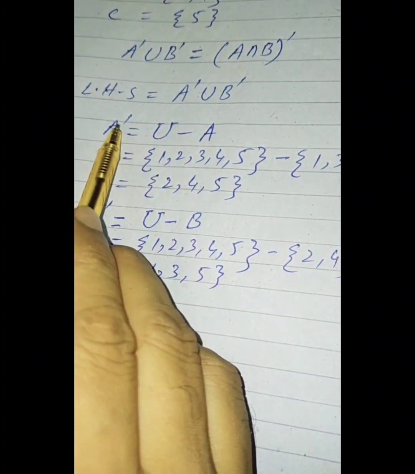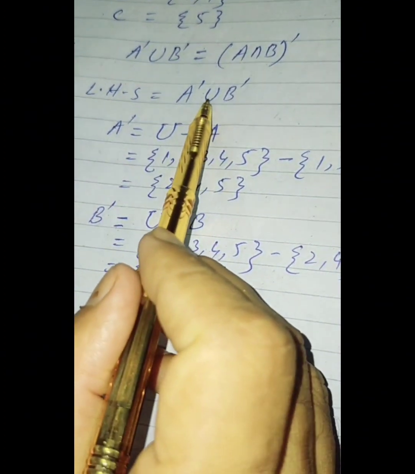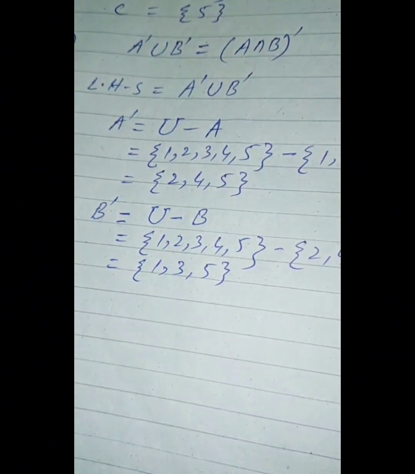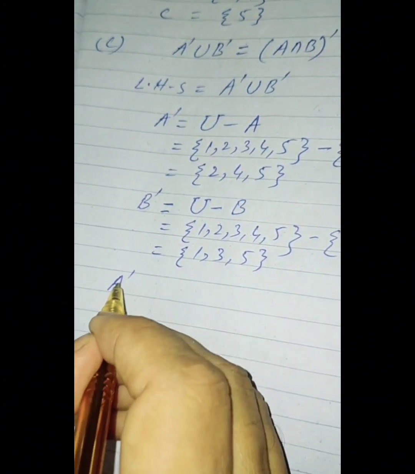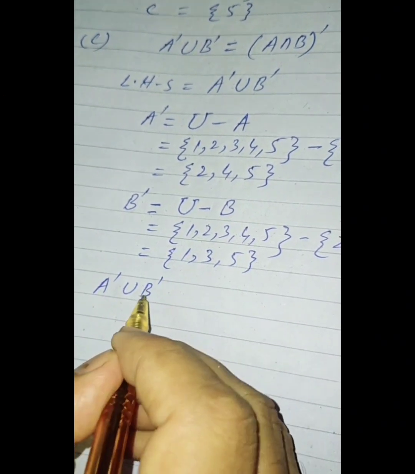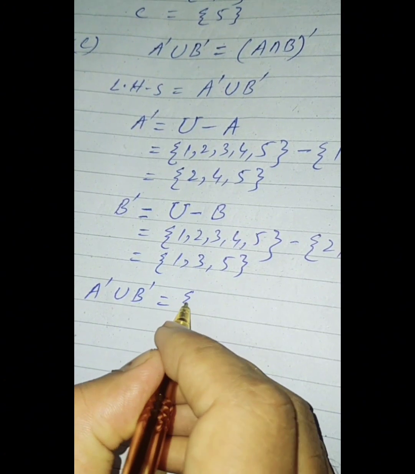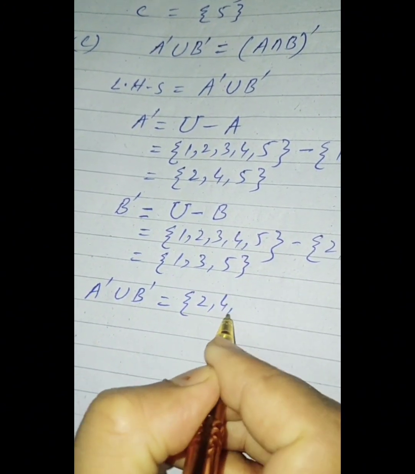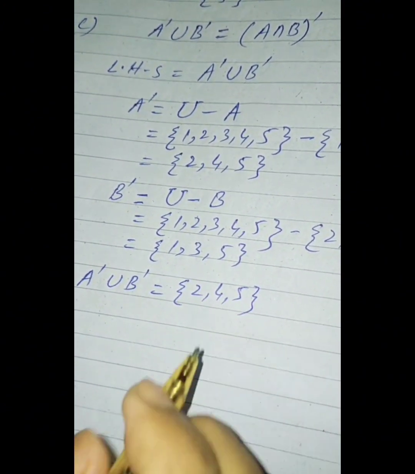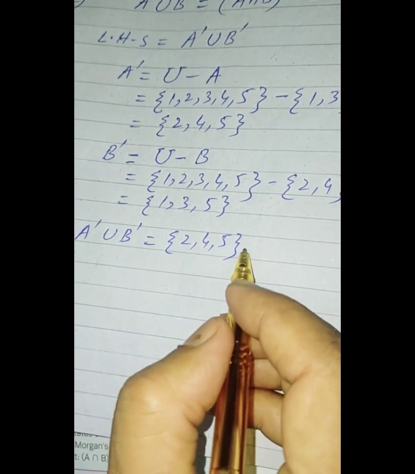Now we have A complement and B complement. So finally we will take the union of these two sets. A complement union B complement. A complement is a set whose members are 2, 4, 5. Then put the sign of union.